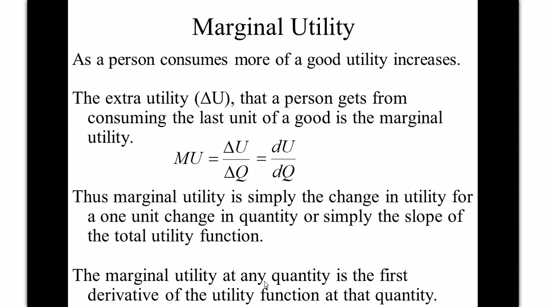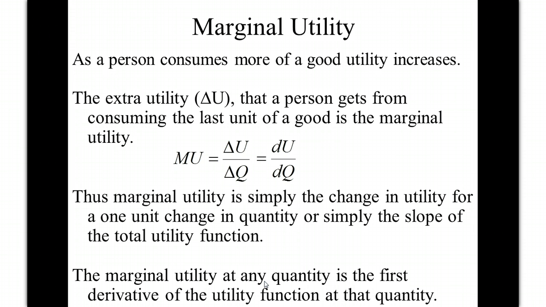So the marginal utility, or the marginal benefit, is what guides our decisions. It's not average utility or past utility. It's the utility of the next unit. So the margin is the next. The extra utility, delta U, what is the change in utility? That's the Greek symbol delta, which just reflects change.